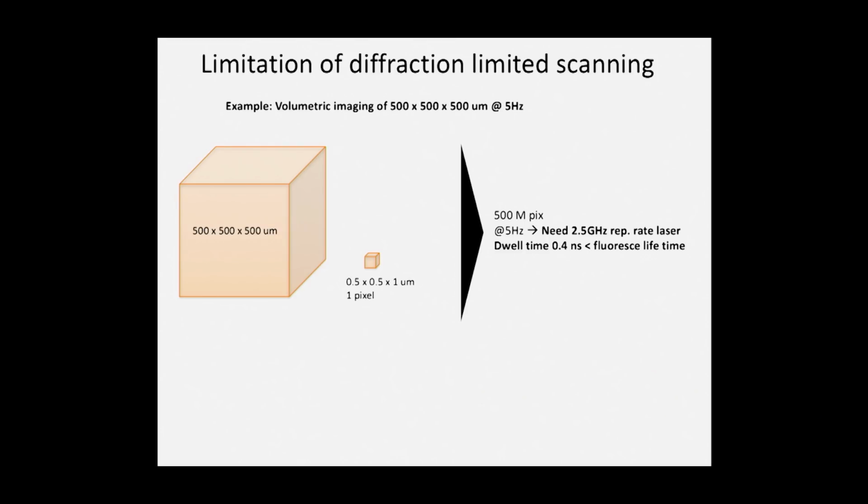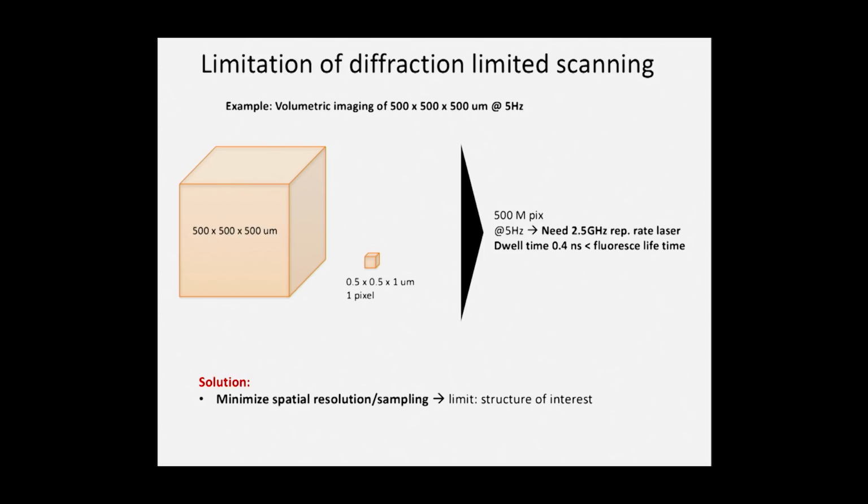Lasers are conventionally not available at this rate, but even if they were, we are facing another problem: in each individual voxel we will be spending only 0.4 nanoseconds, which is about an order of magnitude shorter than the fluorescence lifetime. It means we will not be able to collect any fluorescence out of these voxels. So one conceptual solution that we could employ here is to reduce the spatial resolution, or the sampling rate, to the limit of the structure of interest.